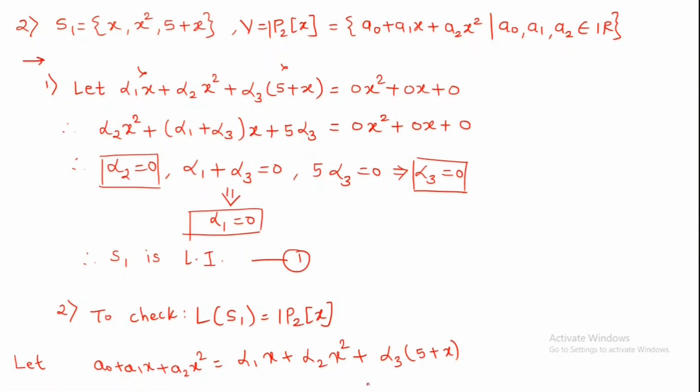If we are able to find alpha 1, alpha 2 and alpha 3 such that this equation holds, I will call it star, then the linear span of S1 is equal to P2 of x, and therefore S1 is a basis of P2 of x. But if we are not able to find them, then the linear span of S1 is not equal to P2 of x, and this will not be a basis. So let us proceed.